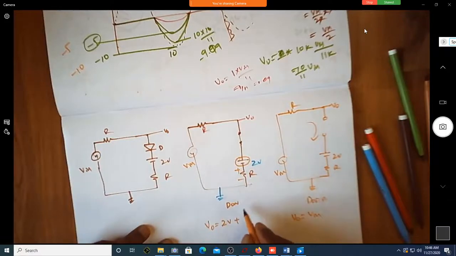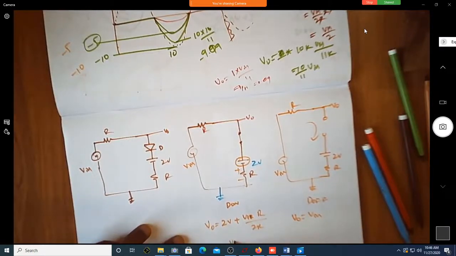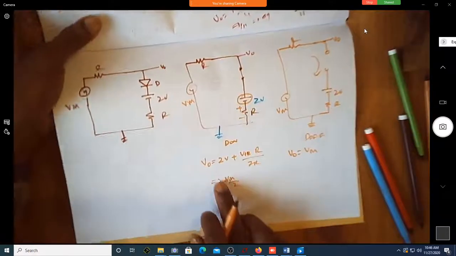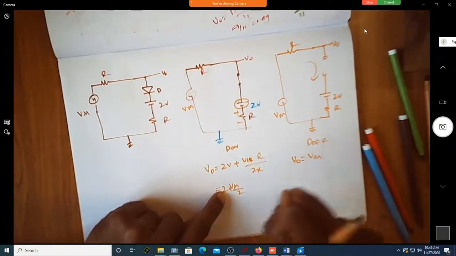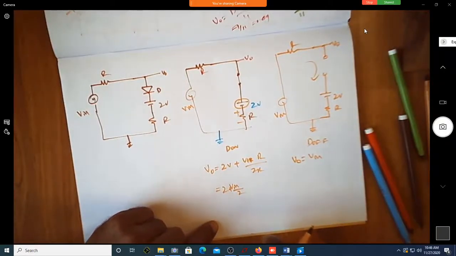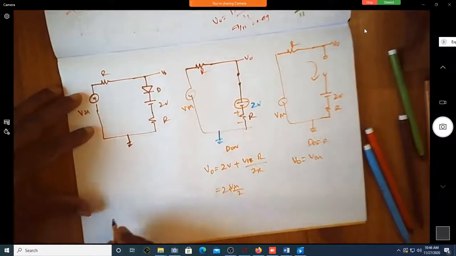V in by R into R. Is it V in into R by 2R? Okay, 2 volt plus V in by 2. Along with the reference voltage, half of the input is also coming up. So let us try to see how the waveform looks.